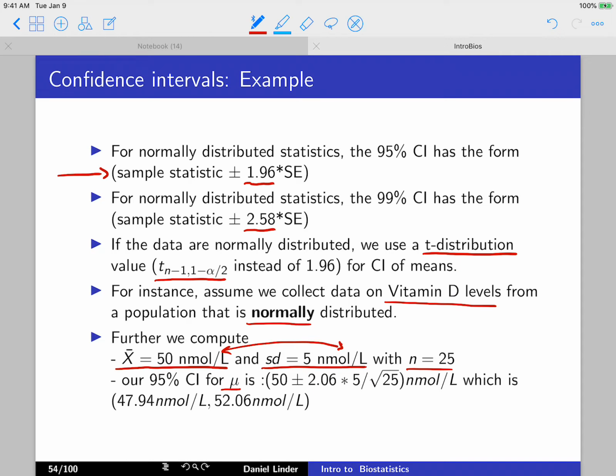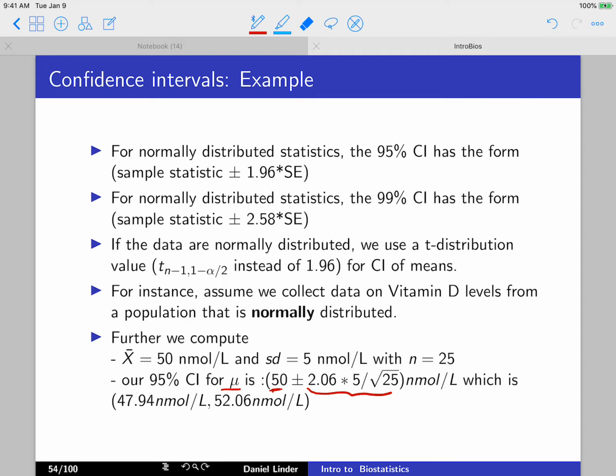Well, naturally we would use our sample estimate plus or minus some notion of how much variation there is in this sample estimate. Okay, so let's take some of this away. So where do these numbers come from?